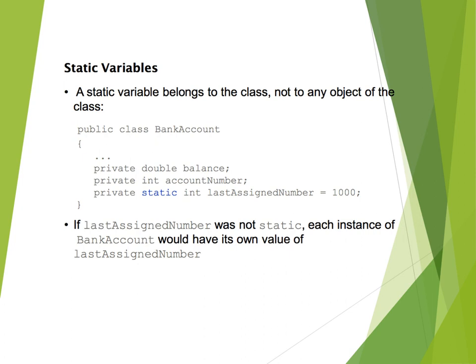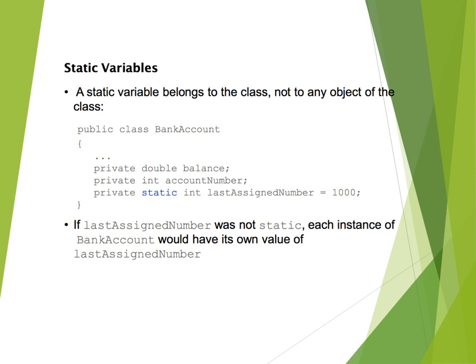So if the lastAssignedNumber wasn't static, each instance of BankAccount would have its own value of lastAssignedNumber. But right now, since it is static, no matter how many objects you instantiate from the BankAccount, they all have the same lastAssignedNumber, because lastAssignedNumber is a static variable inside the class, and therefore there's only one copy of it for the whole class, not for each method, not for each object of the class.